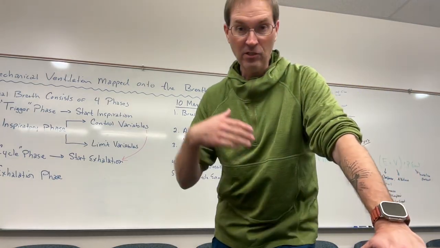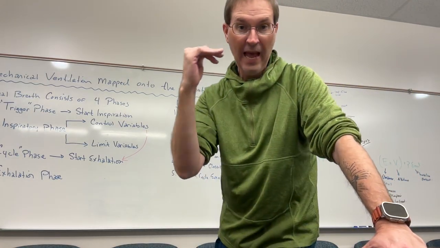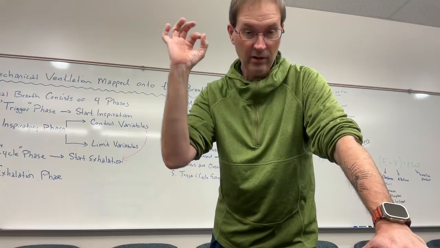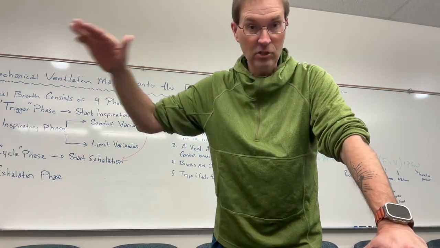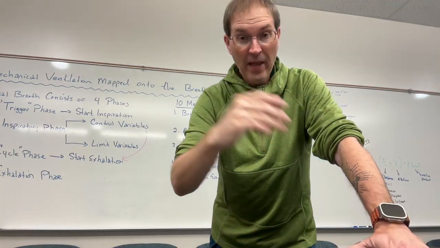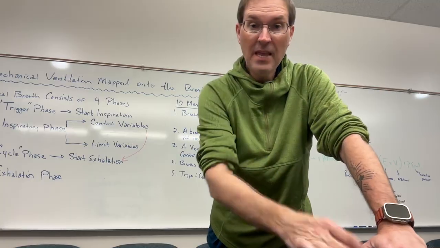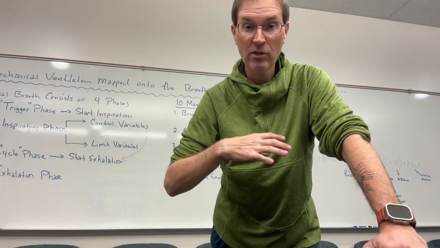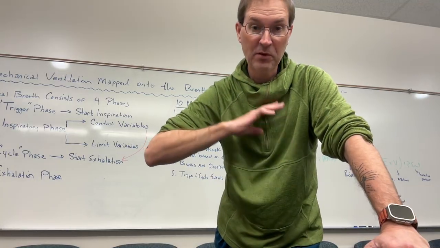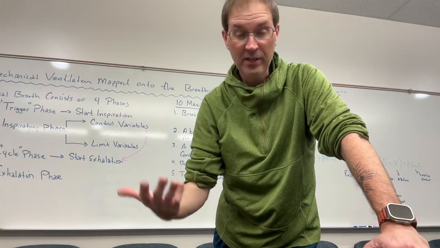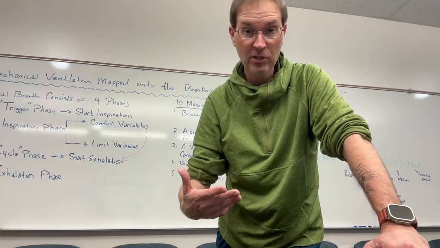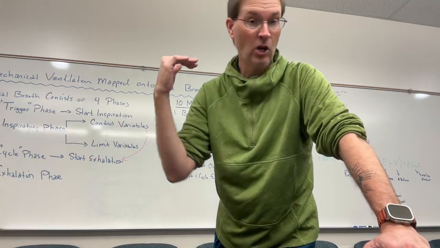Whatever baseline. If you're starting at atmospheric pressure and you're going to say that that's zero, then you'd start at zero. If your patient has some end expiratory pressure that is always in their respiratory system, we call this PEEP, positive end expiratory pressure. And so it's positive pressure that's always there.